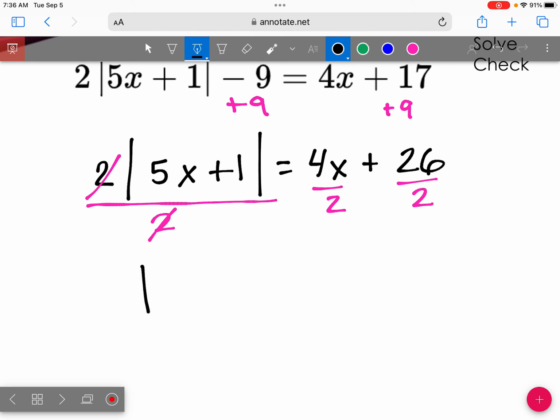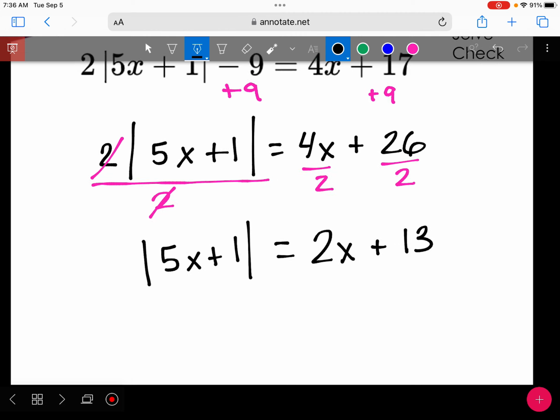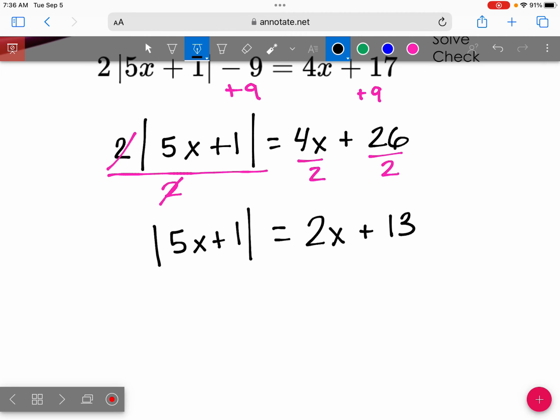So we have the absolute value of 5x plus 1 equals 4x divided by 2 is 2x, and 26 divided by 2 is 13. Right?